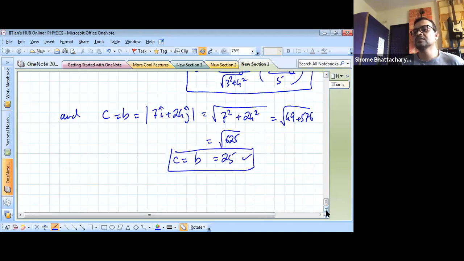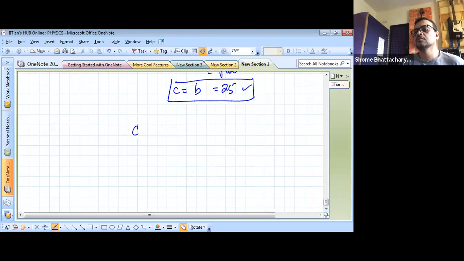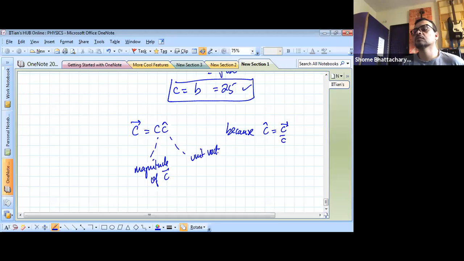So now the vector C should be its magnitude multiplied by its unit vector, because C cap is C divided by mod C. So the vector C itself is the magnitude of the vector C multiplied by the unit vector of C, and that's C cap.